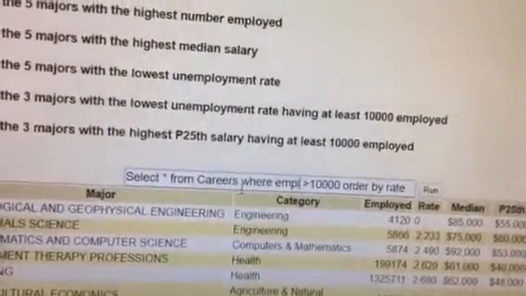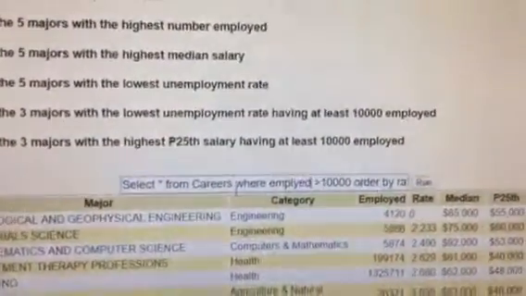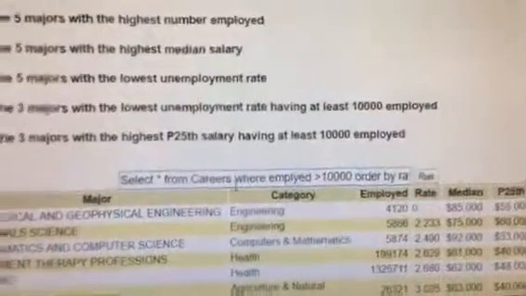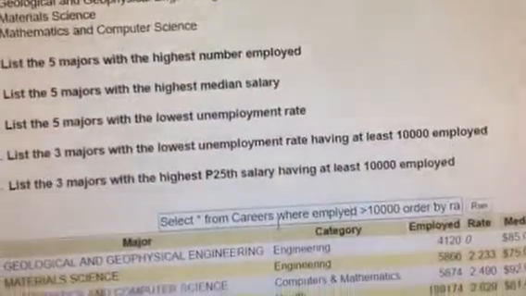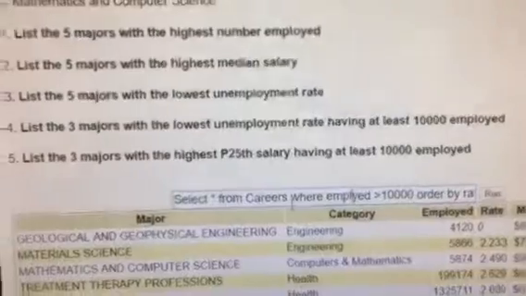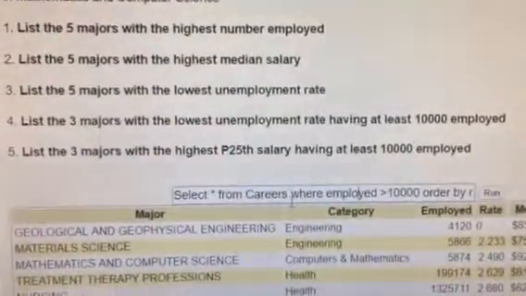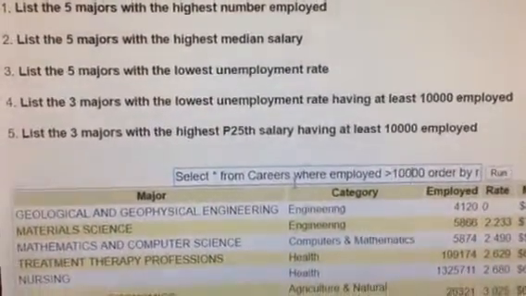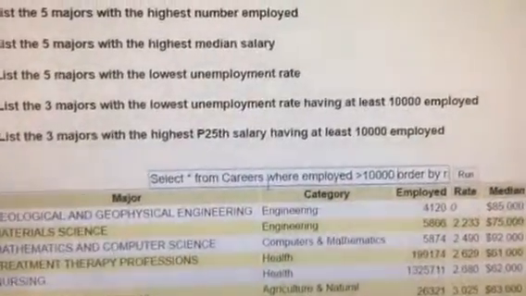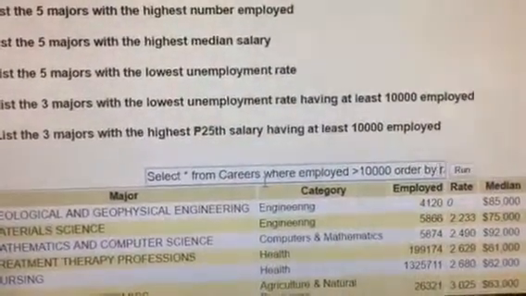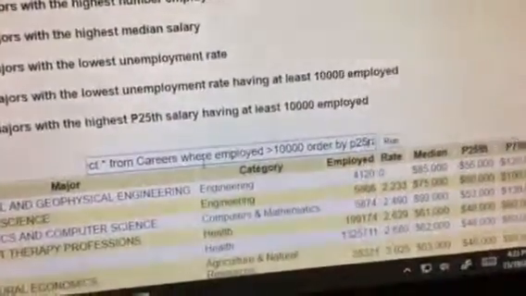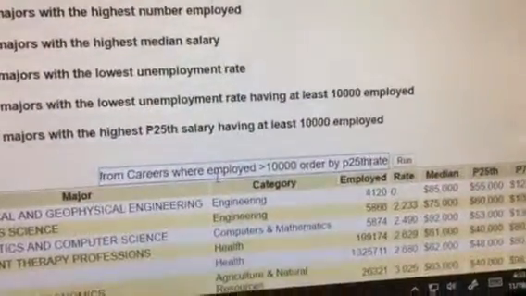So change that. Okay, there's my condition. I want 10,000 employed. Spelling does matter in this. If you misspell, the computer will totally not give you anything. We're going to order it by the P25th. And remember, you're going to have to type this statement out for me because some of it's just not going to appear.